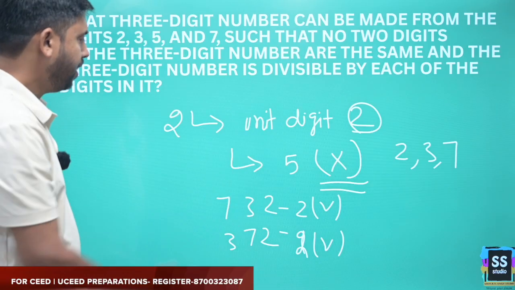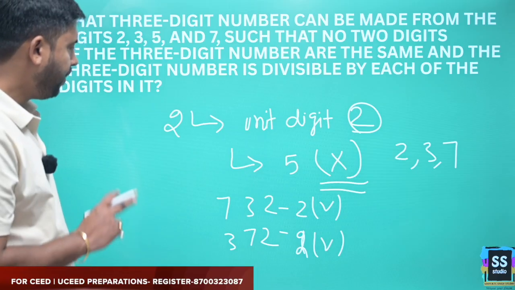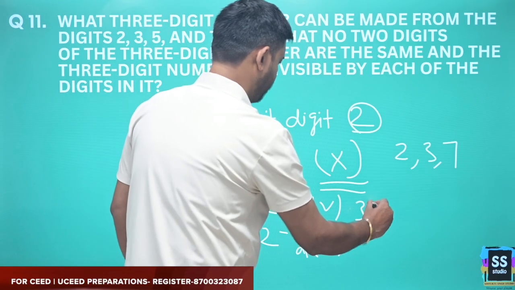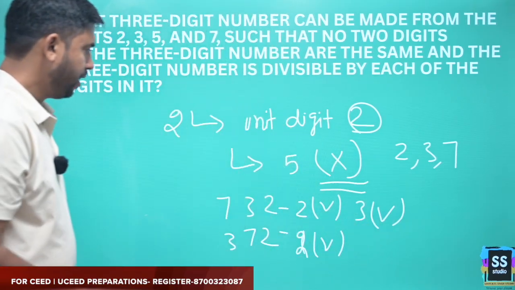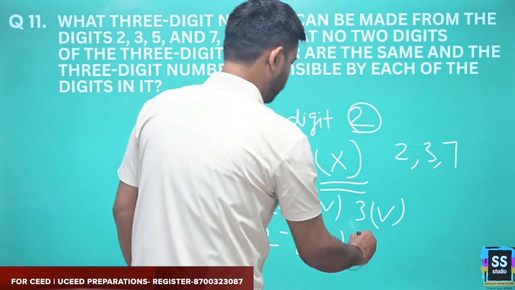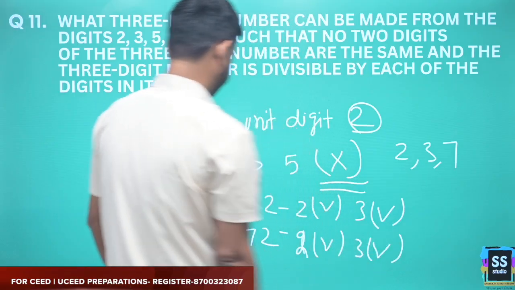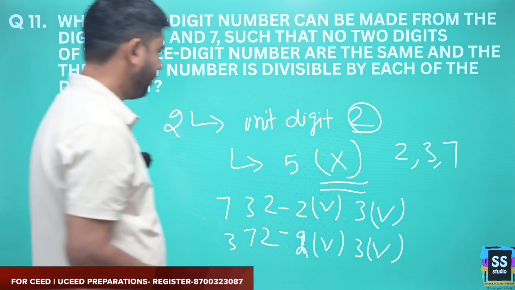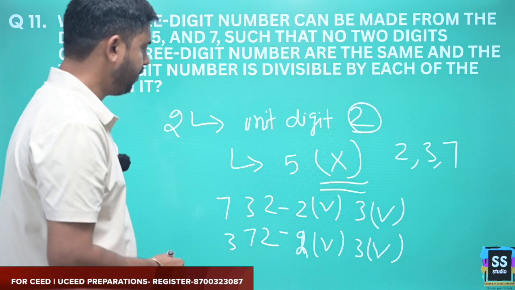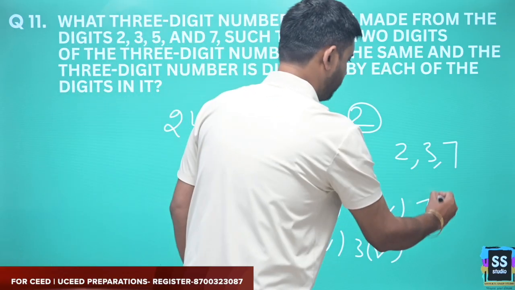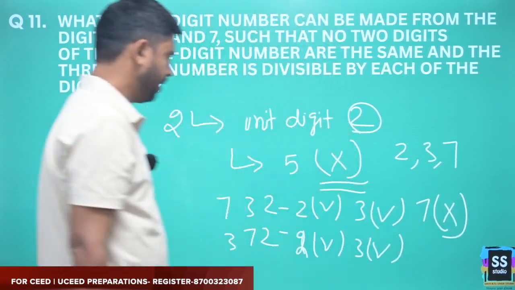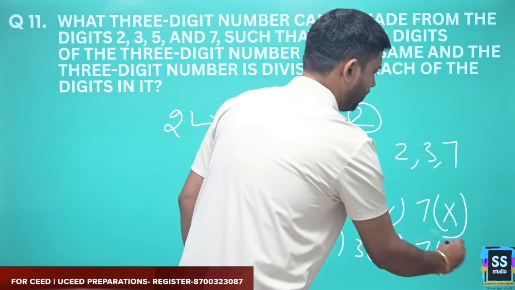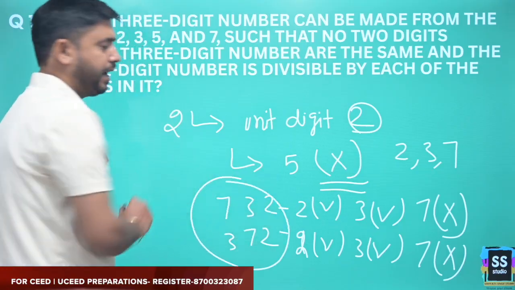So here it is divisible by 2. Now if we go ahead and try to solve it, it is divisible by 3, and this is divisible by 3 as well. Alright, now moving forward, 7. If we try to solve it, this is not divisible by 7, and this is also not divisible by 7. So both these numbers are incorrect.